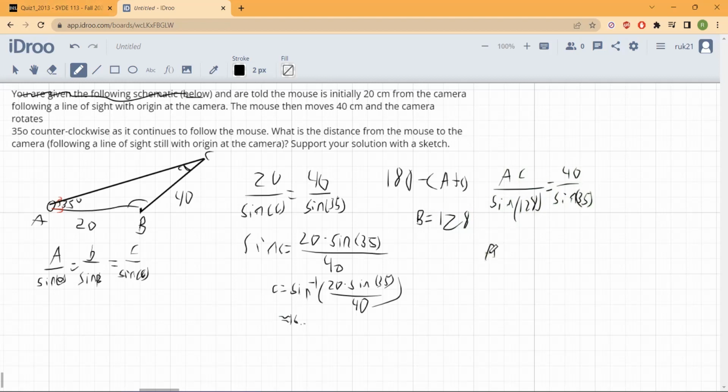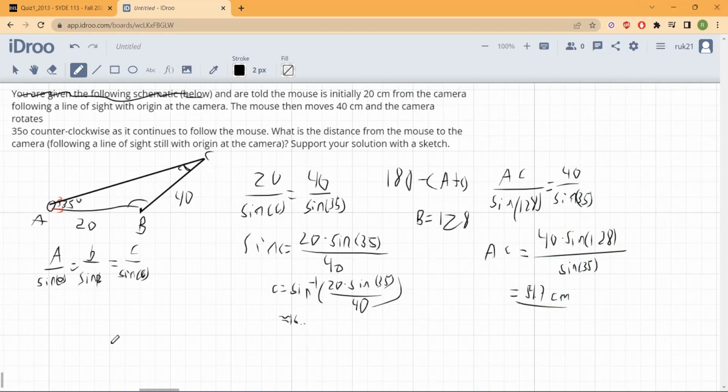And we're going to get AC is equal to 40 times sine of 128 divided by sine of 35. And that is about equal to 54.7. And so it's going to be 54.7 centimeters away from the camera. And there you go. That's how you get that.